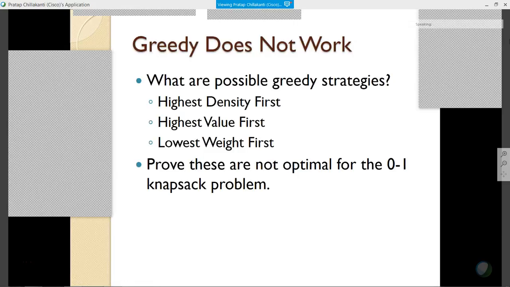Now, we have given examples in the past where the greedy does not work, right? Okay. Why? Because it's not necessarily like you can either take the, I'll go from the highest density first. Okay. It could be highest value. Highest density is really, I think, the highest weight. Okay. You can do the highest value first, or you can do the lowest weight first.